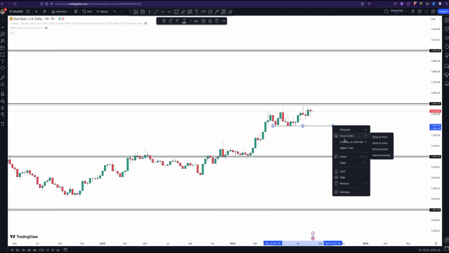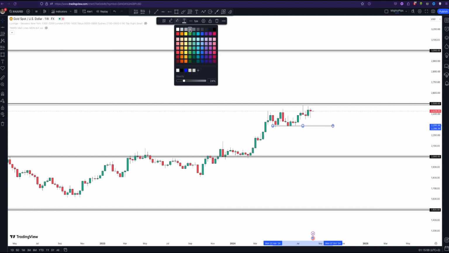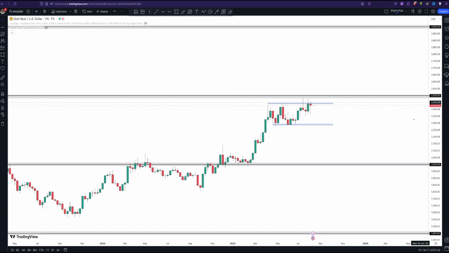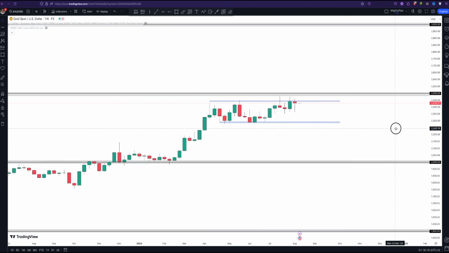We can color code this to blue. There's a level right here, and then on top here we also have some small rejections. There's some rejection right here. So this is the weekly chart, and those are the levels on the weekly chart.